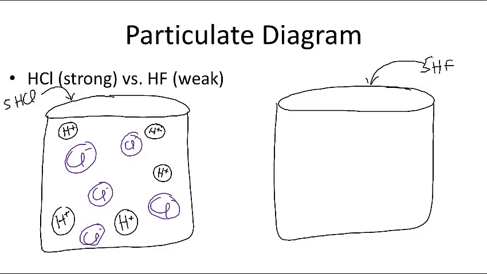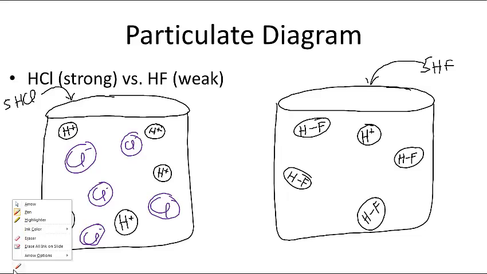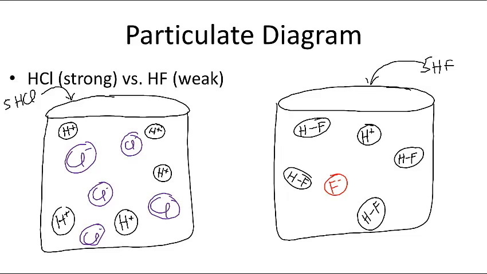But this beaker would probably have mostly HF molecules, and then just a few H plus and F minus ions. So this is the distinction between a strong acid and a weak acid. It's about to what extent they dissociate when they dissolve.